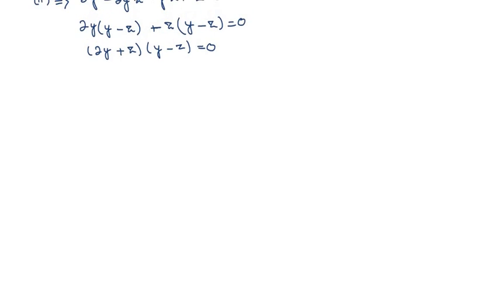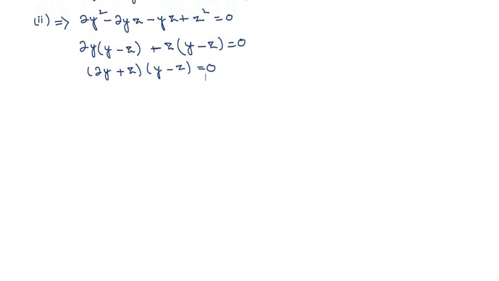So we say this equation number 3 and 4, and similarly we solve equation number 3 with equation number 1, and then equation number 4 with equation number 1, and get the values of y and z and form the solution set. 2y plus z is equal to 0 or y minus z is equal to 0.